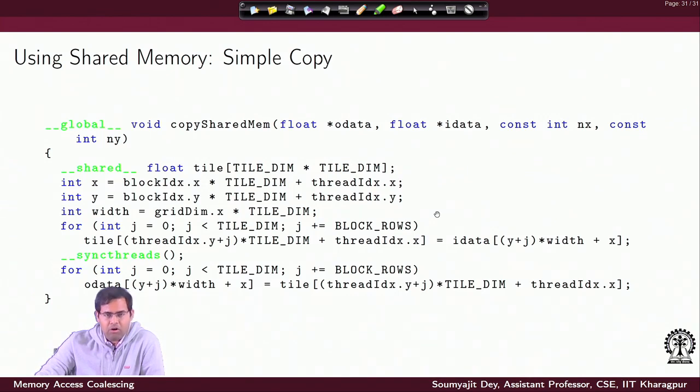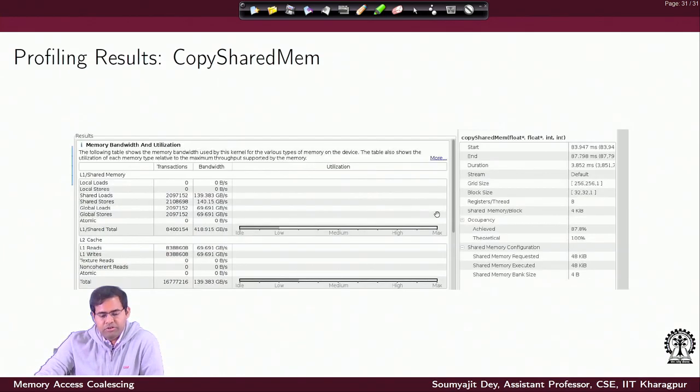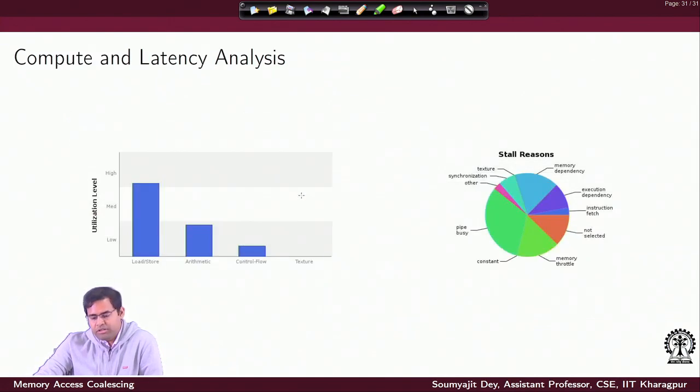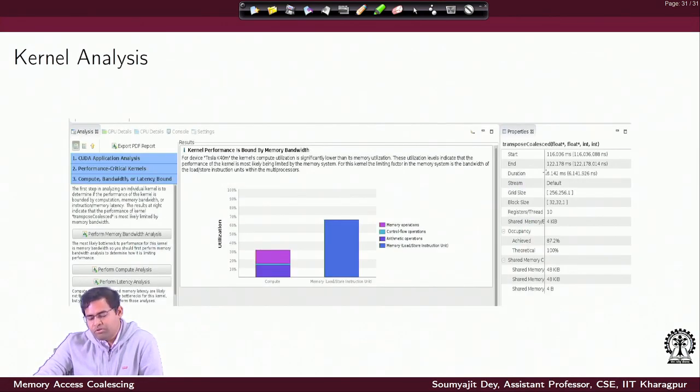This is the simple access we are doing here. Now, we want to compare this simple copy kernel with the situation of an optimization where we are doing bank conflict resolution. First of all, we observe that if I am just doing a memory copy from one input matrix to an output matrix using shared memory, the time taken is some 3.8 milliseconds, which is much smaller compared with my results on shared memory based transpose, which was 6.142. In both cases we are using shared memory, but I can attribute this difference to those bank conflicts.